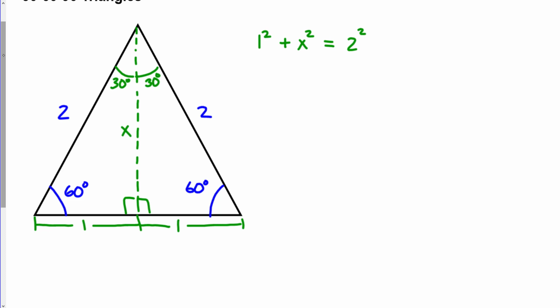So 1 plus x squared equals 4, or x squared equals 3. So x is plus or minus the square root of 3. In this particular case, we can just choose the positive square root, because in trigonometry you choose positive or negative depending on the quadrant that you're lying in. Since we're not really lying in a quadrant here, we're just going to use a positive length.